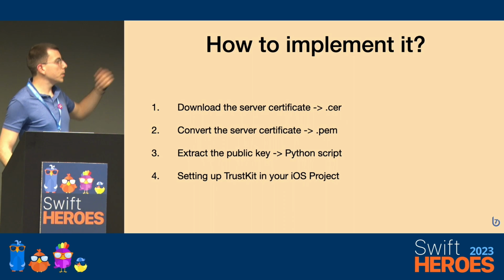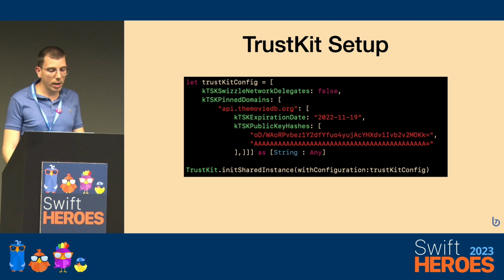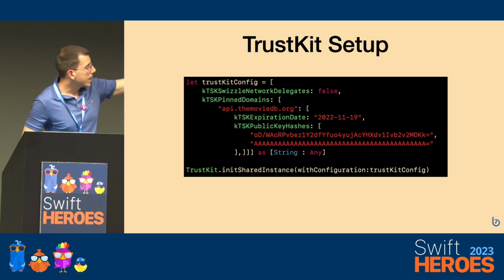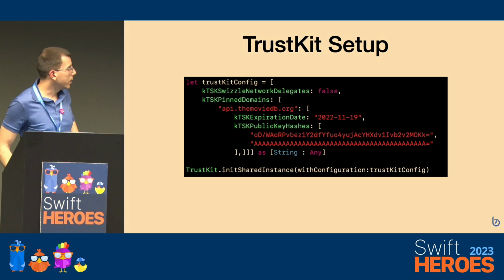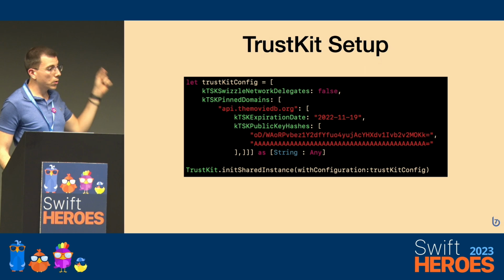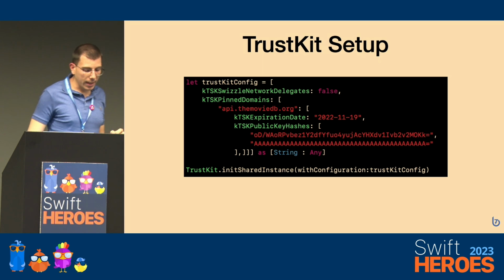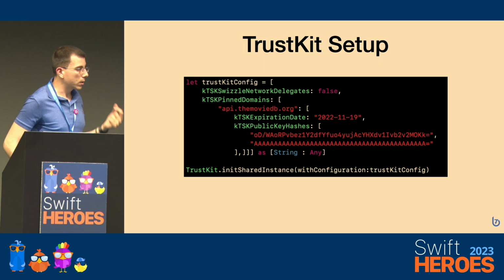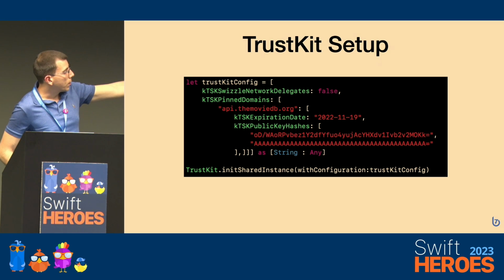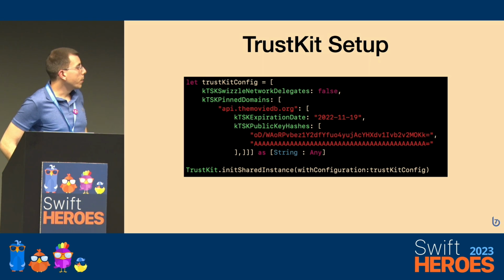So let's see what the setup looks like. You just have to initialize the TrustKit configuration, in which you specify the domain of your API. In this case, it's themoviedb.org, the expiration date of the certificate, and then, because once again I want to remind you that we are going to see how to do it with the public key and not with the certificate itself, you put the public key there, and as it's an array, you can even specify extra fallback public keys.